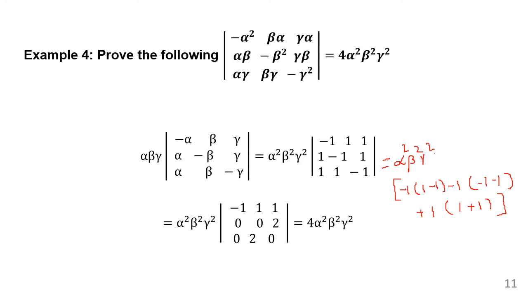This gives you 1 minus 0, and this is minus 1 minus 1. You get minus 2 minus 1, so you get plus 2. And here you get plus 2. So I can write this as alpha square, beta square, gamma square multiplied by 2 plus 2. That will give you 4 times alpha square, beta square, gamma square.